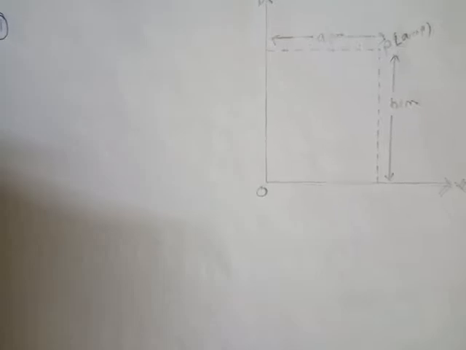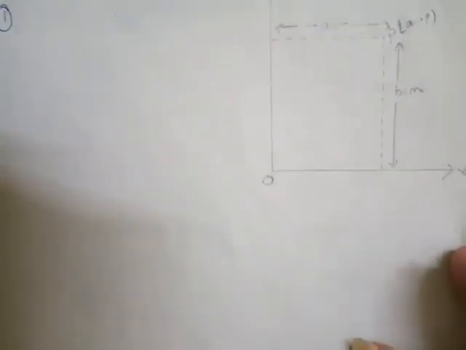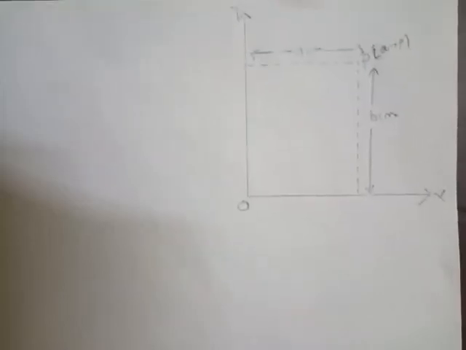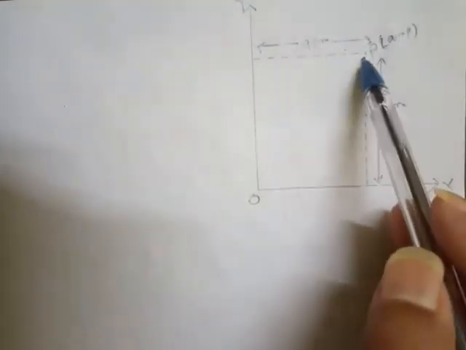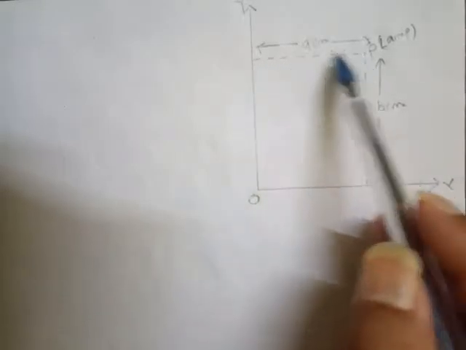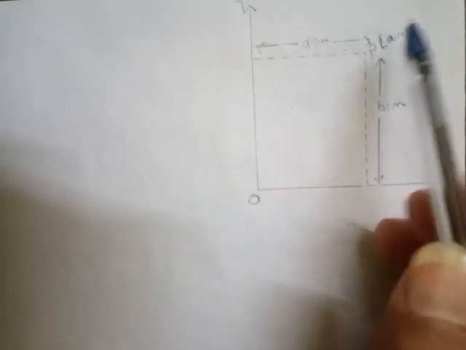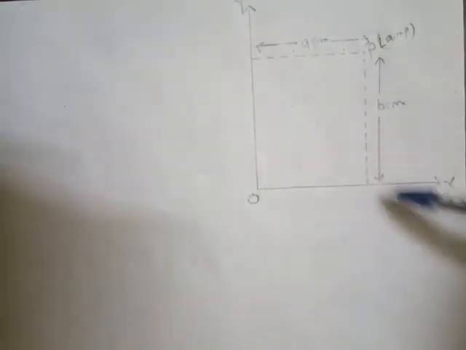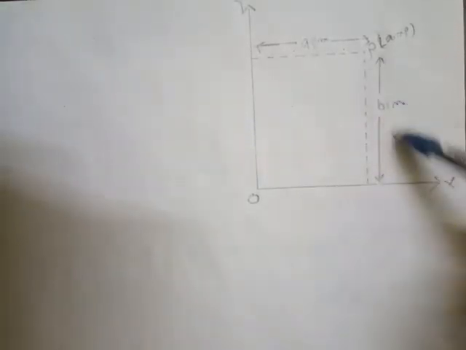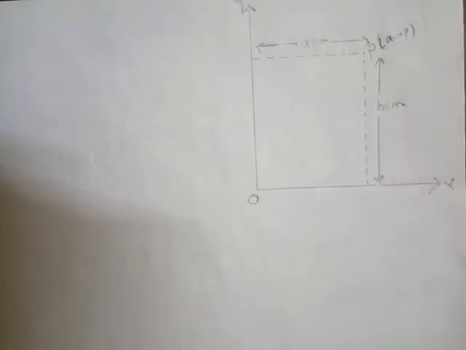This is a diagram. Think it is a table. X'X and Y'Y, OX and OY are the coordinate axes here, and P is the lamp on the table. From P it is a certain distance, say a centimeters I have taken here, maybe some value will be here, and from P to OX, this b centimeters I have taken, maybe some value will be here.